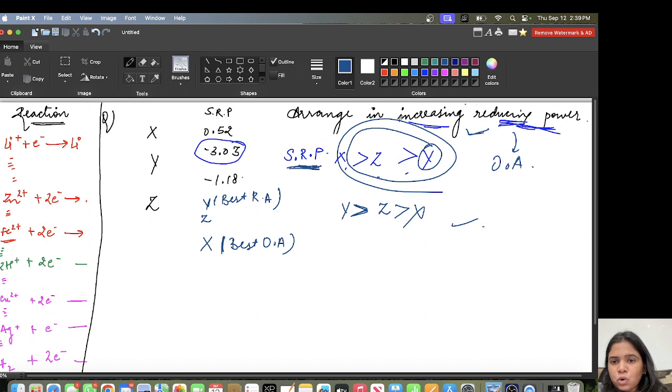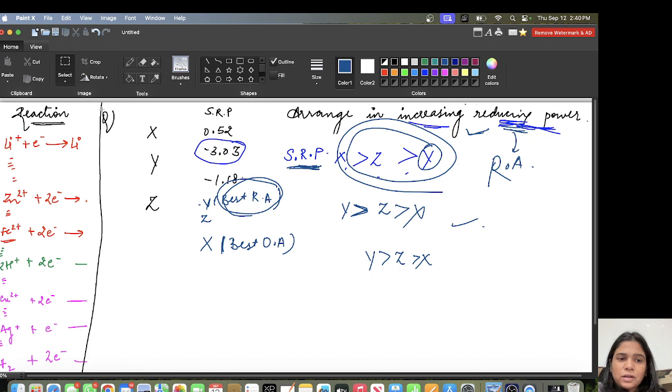You have to arrange in order of increasing reducing power. Oh sorry, it's not oxidizing agent, it's reducing agent. Best reducing power will be something which is above. So the answer will be Y, Z and then X.